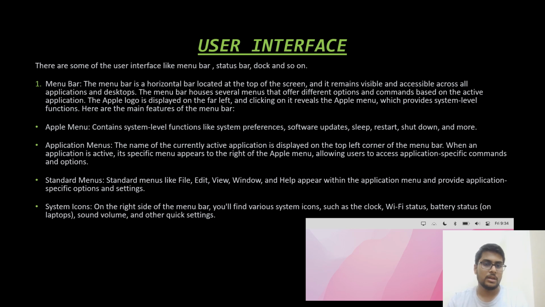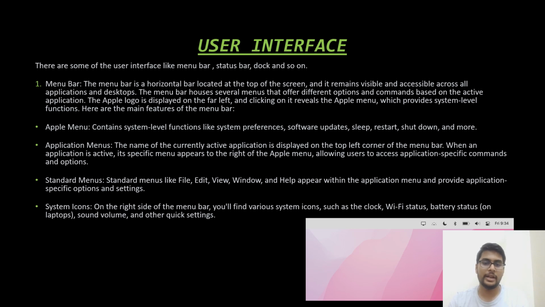Application menus. The name of the currently active application is displayed on the top left corner of the menu bar. When an application is active, its specific menu appears to the right of the Apple menu, allowing users to access application-specific commands and options. Standard menus.